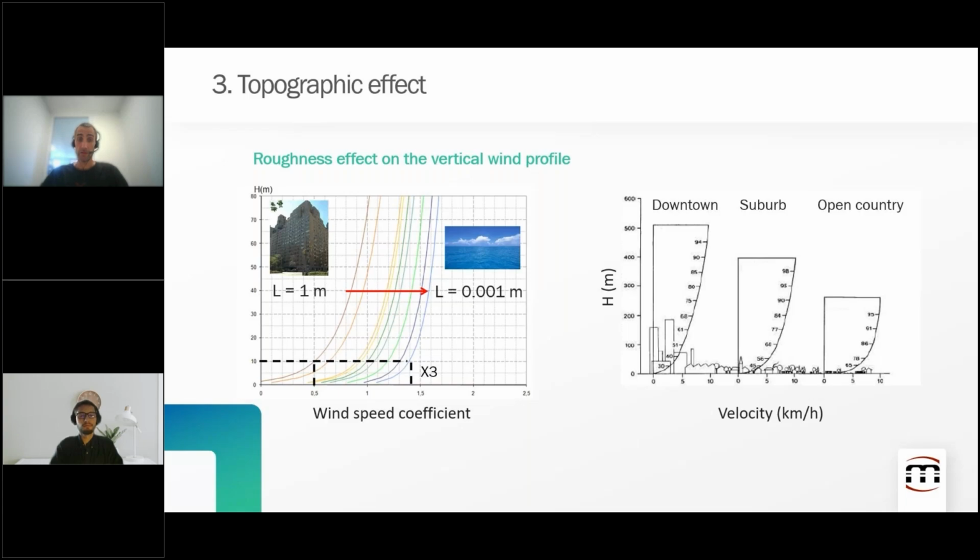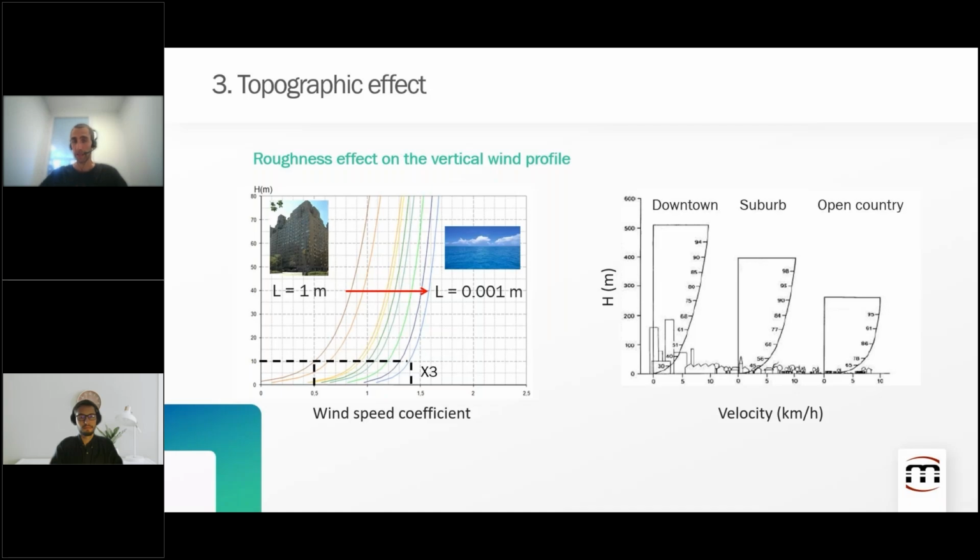And the second is that if you have a look at 10 meters above the ground and compare the wind speed in the city with the wind speed above the sea, you have 3 times more wind speed above the sea than above the city. Makes sense. If you go nearby the seashore, you experience more wind speed.